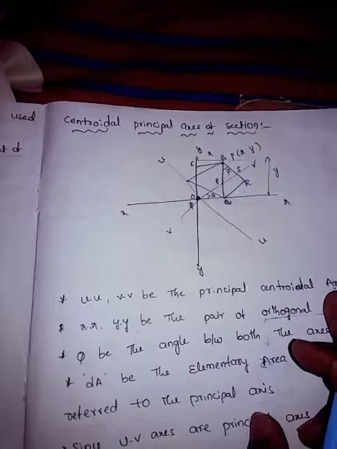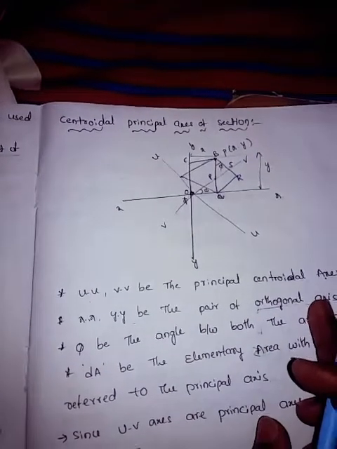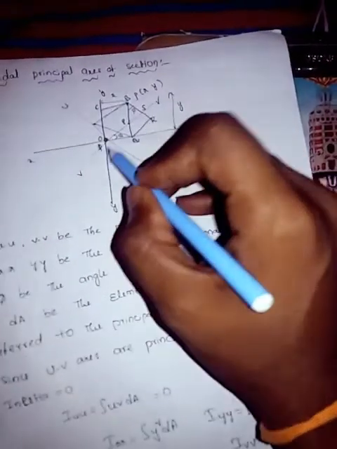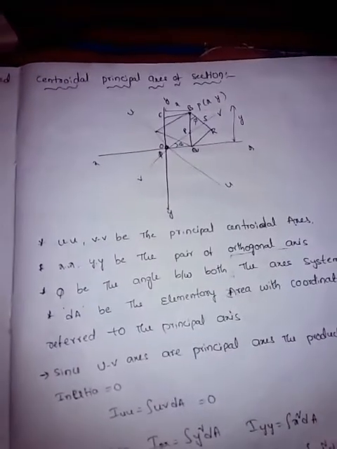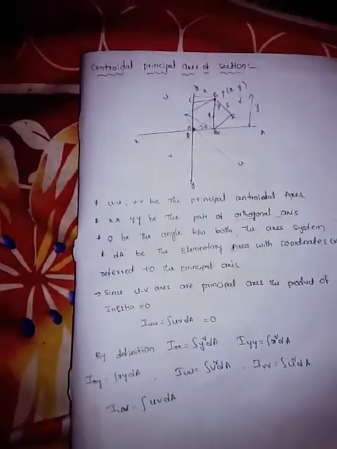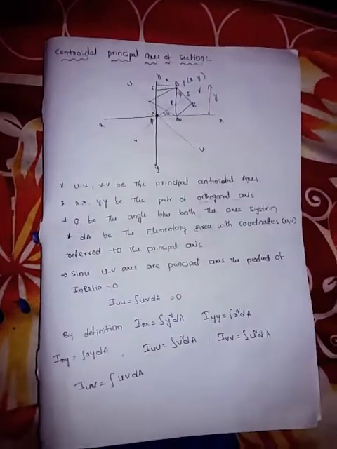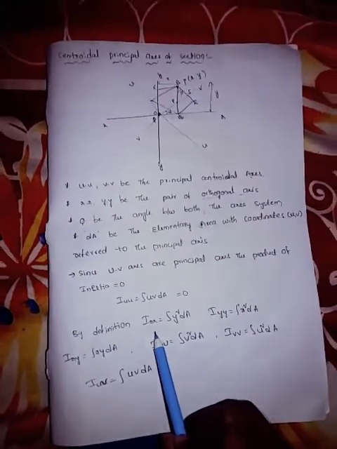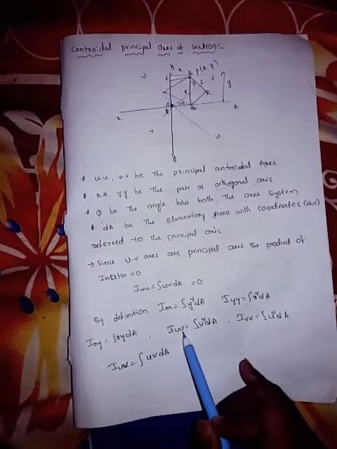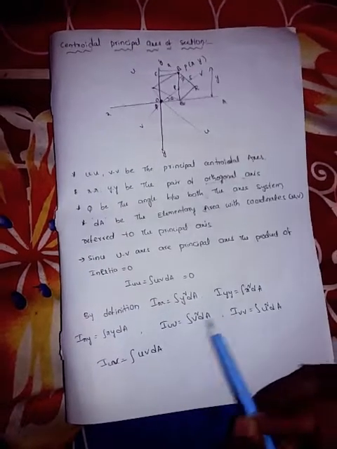UV is the centroidal axis, XY is the orthogonal line, phi is the angle, and dA is the elemental area. We know the expressions I of XX, I of YY, and we add the other expressions, I of UU and I of VV.